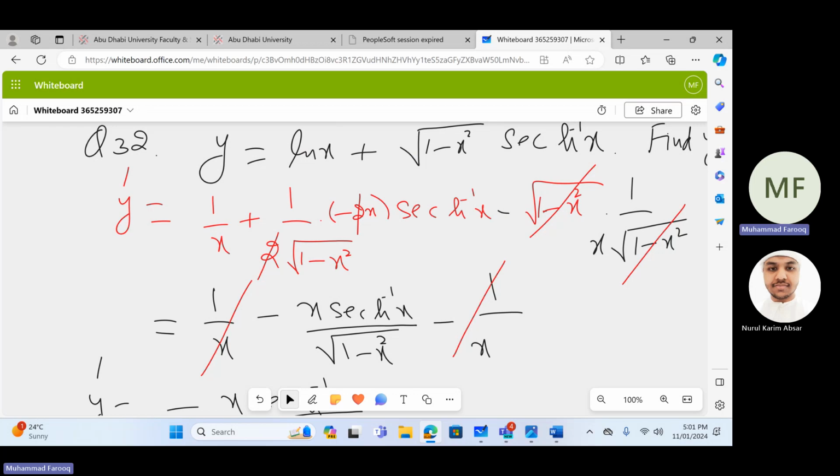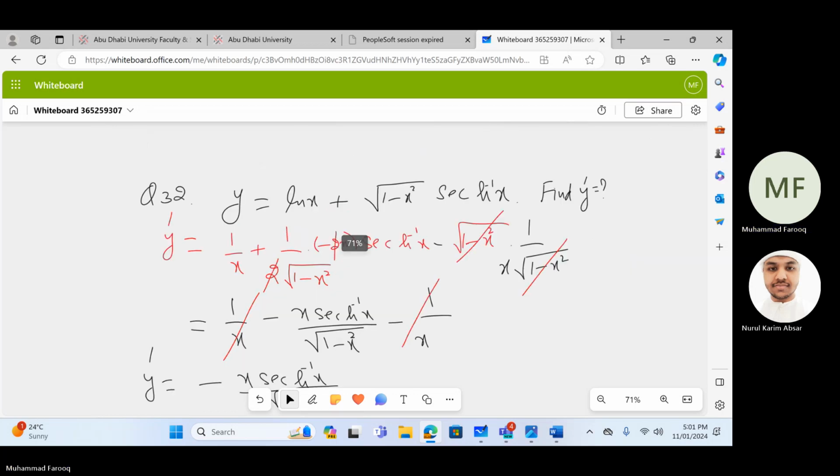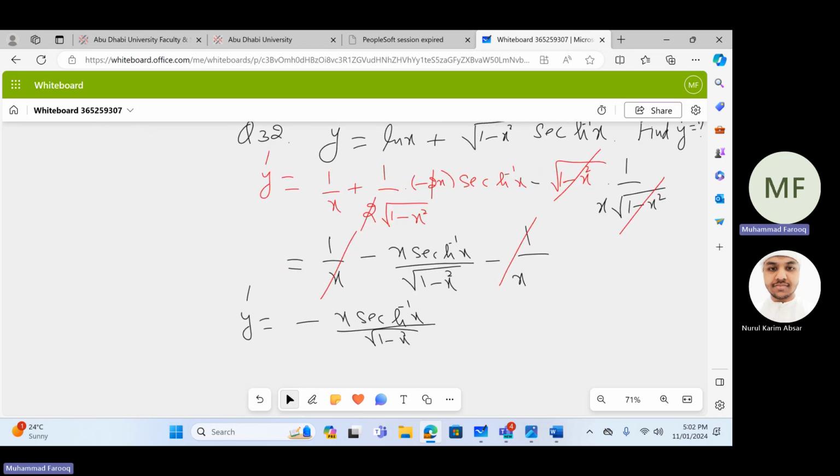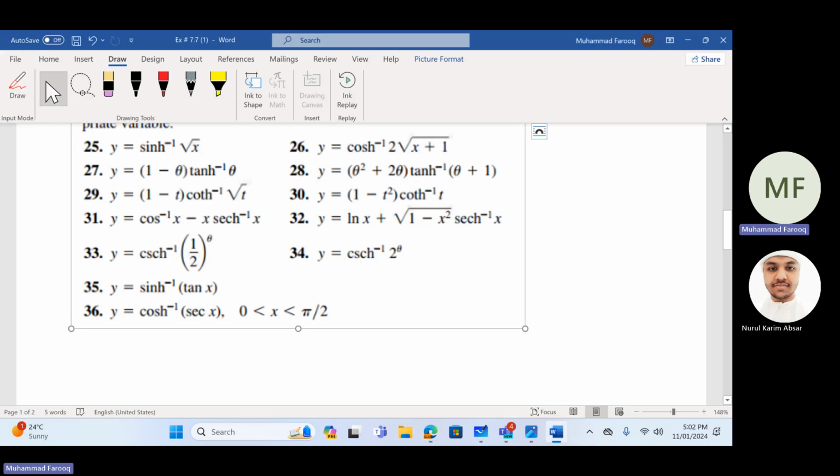Clear? Very good. It's not any different, it's the same as inverse trigonometric functions. Just follow the formula sheet. Let's take one more question, and then we start the last topic, integration of inverse hyperbolic functions.